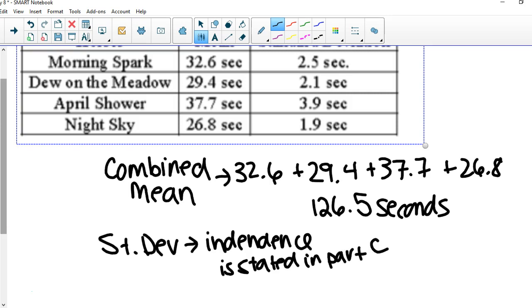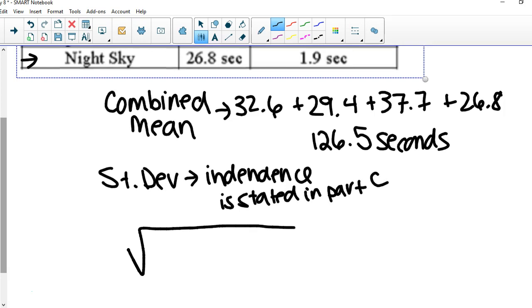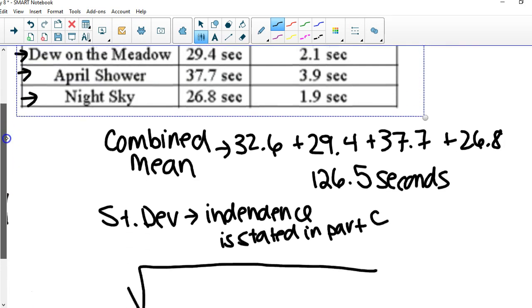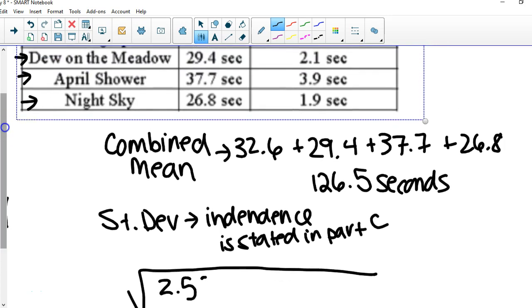Because in order to find the standard deviation, each observation, or each distribution, whatever you're looking at, has to be independent of each other. So I'm going to take the first standard deviation, 2.5, square it, plus 2.1 squared, plus 3.9 squared, plus 1.9 squared.